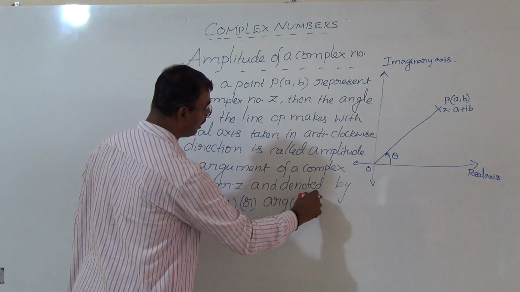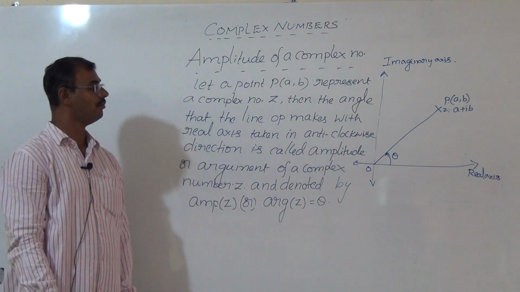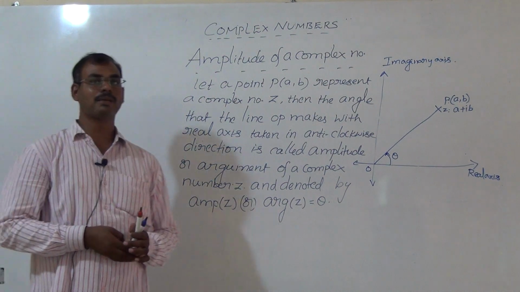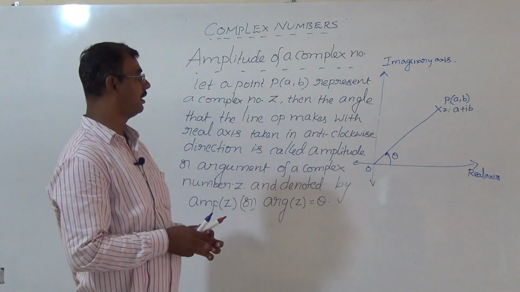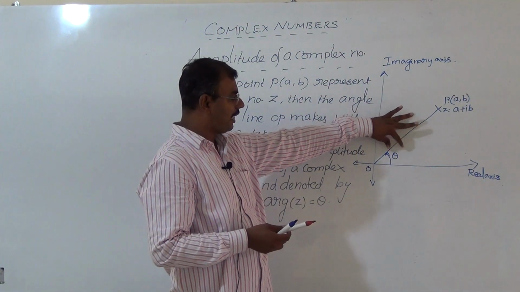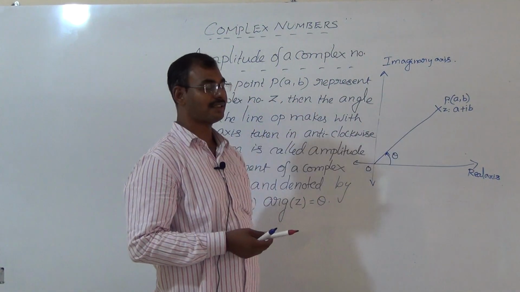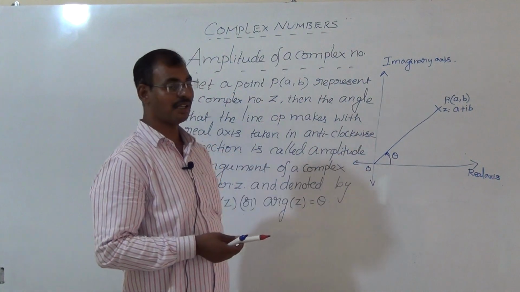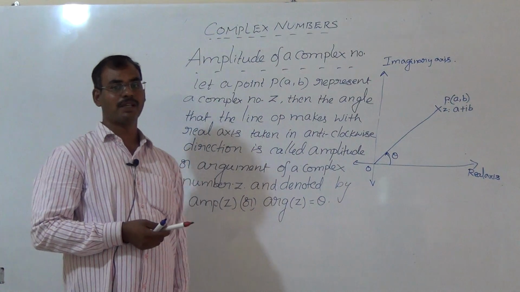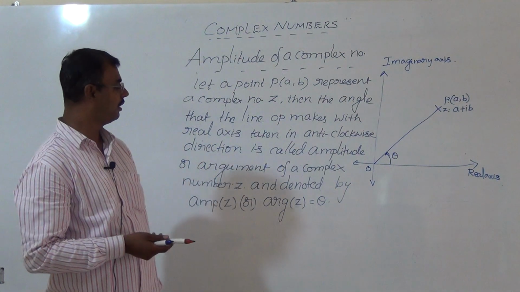This is equal to theta. This is called the amplitude of a complex number. All of you remember that this line OP makes angle theta with the real axis in anti-clockwise direction. Then theta is called the amplitude of a complex number or argument of a complex number.